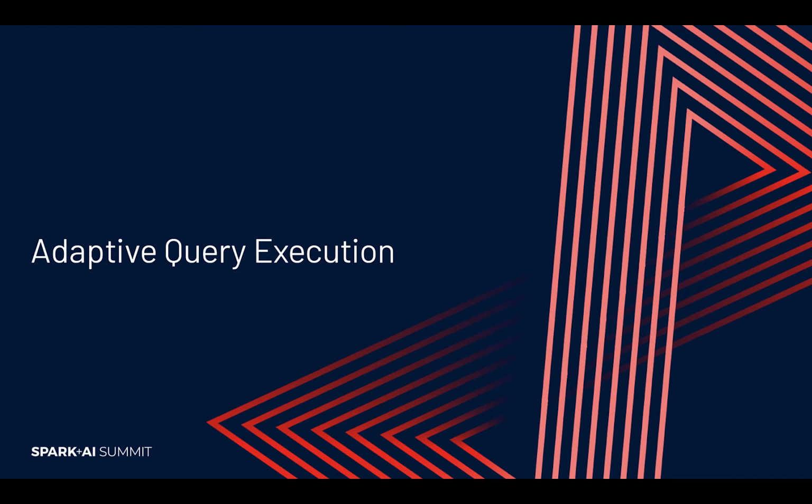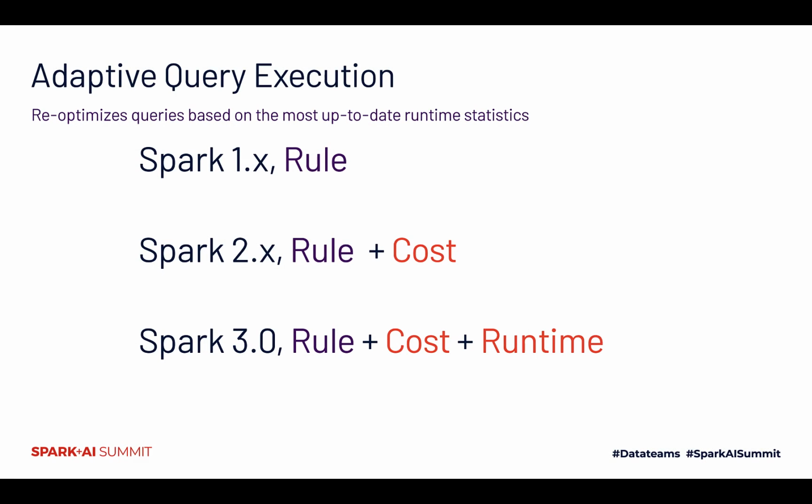The first and most exciting new performance-related feature in Spark is adaptive query execution. To better understand adaptive query execution, let's look at the historical context. In Spark 1.x, when you wrote a data frame query, it was fed into the Catalyst rule-based optimizer. Later, in Spark 2.x, we introduced cost-based analysis, which would look at file sizes and data statistics that were stored in the Hive metastore to better improve the performance and execution of your Spark 2.x queries.